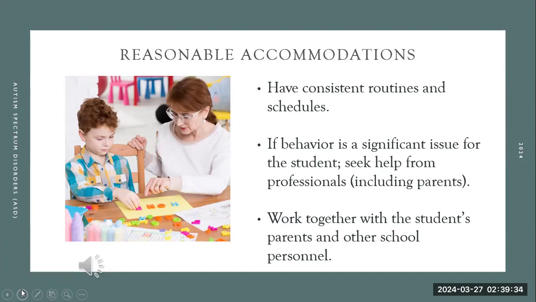We can even make a mixture of both. And as you notice, at the end we can work together with the students, parents, and other school personnel in order to help them be successful in their academic experience.